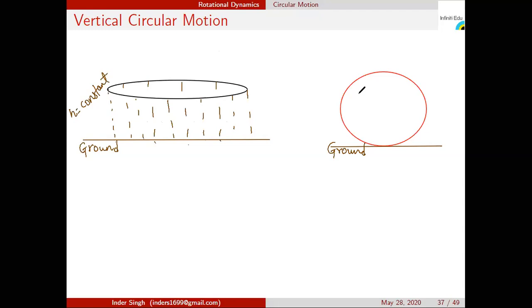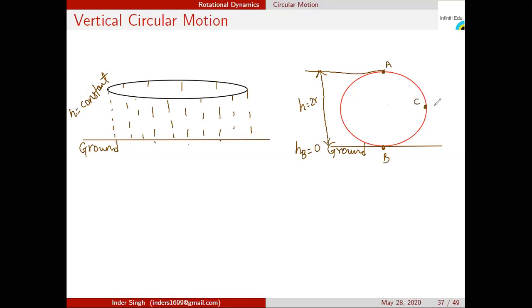But in vertical circular motion, the topmost position A is present at a height equal to 2r. The bottom position B is present at height 0 because it is assumed to be on the ground level.